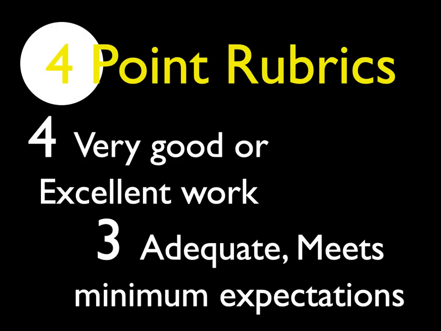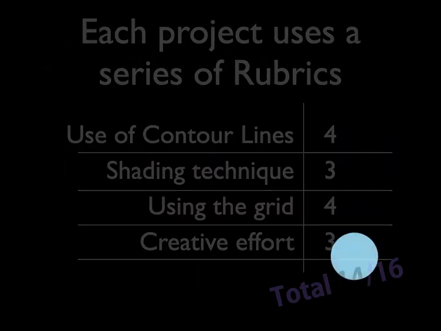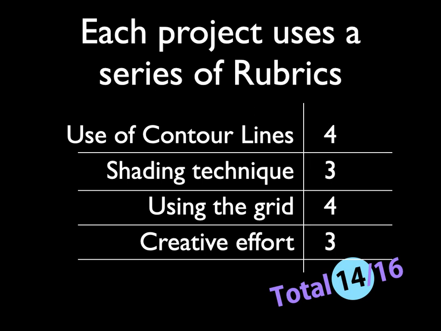Most assignments are graded on 4-point rubrics: 4 for excellent or very good work, 3 for adequate work or work that meets expectations, 2 for poor or unacceptable work, and 1 for incomplete work. Almost everyone gets either a 4 or a 3 on a rubric, and each project uses a series of rubrics. So for example, this project we're looking at uses 4 rubrics, such as the use of contour lines or shading technique, using a grid, or creative effort.